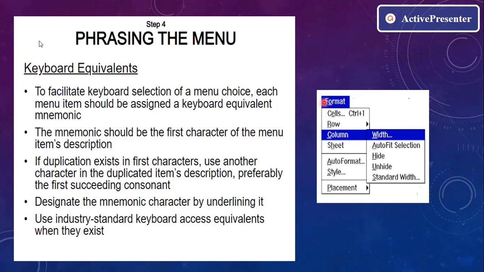The letter F may be used as a keyboard equivalent for another choice. That's why we go for the next consonant, that is O. This first succeeding consonant is selected for the keyboard equivalent.